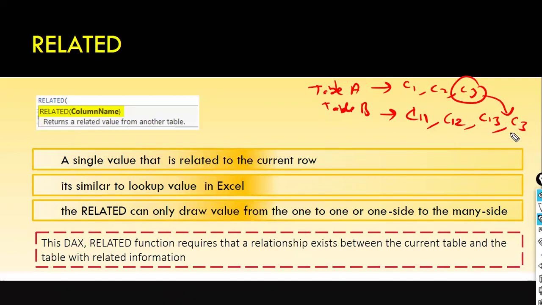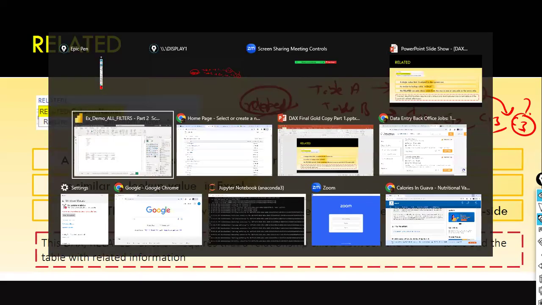How can I do that? In that case, you have to use a related function. If you want to use another table's column in your current table, you need to use the related function. We have the related table function available separately.